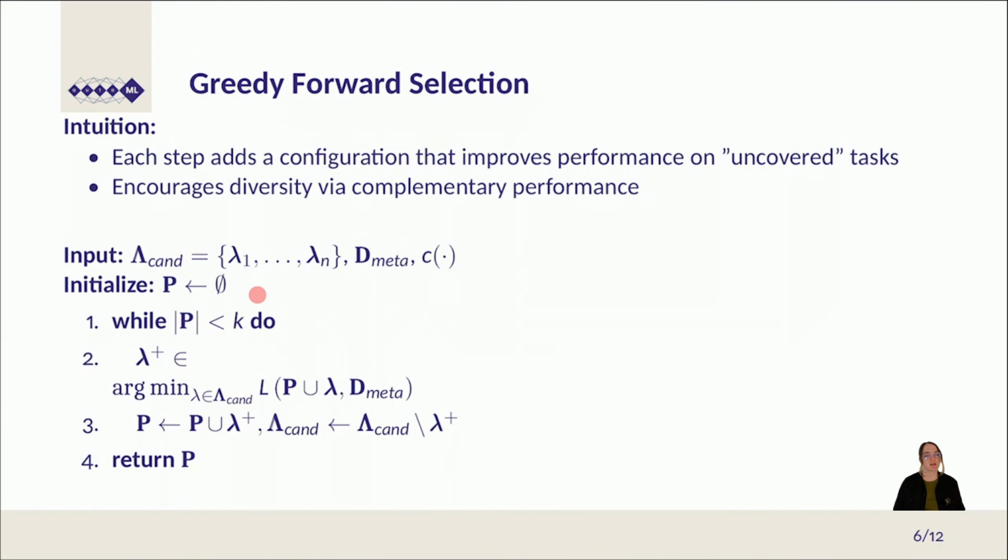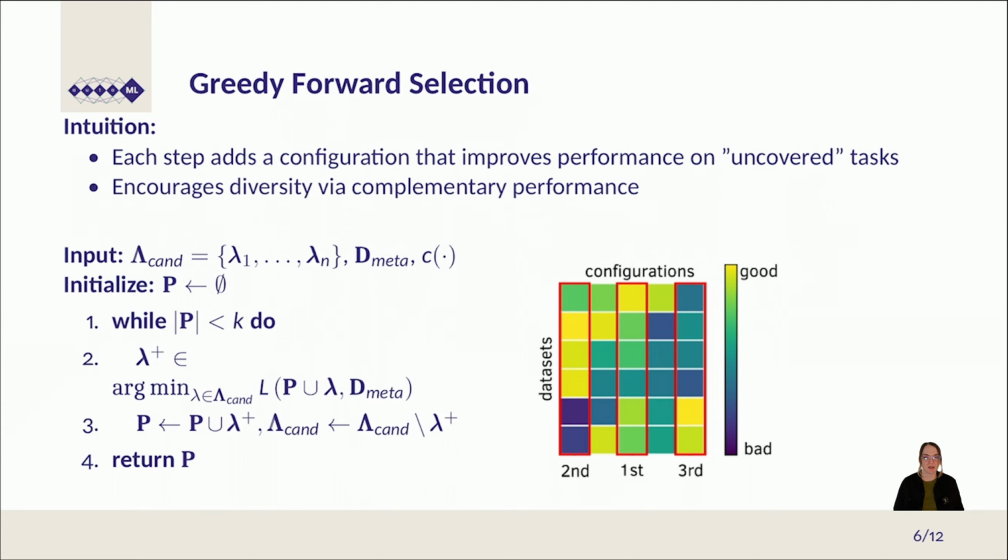We initialize our portfolio empty, and then we run K steps. In each step, we identify the configuration that minimizes the loss function from the slide before for our portfolio if we would add this configuration. Once we have found this configuration, we add it to our portfolio, we remove it from the candidate set, and we iterate until we have found K configurations.